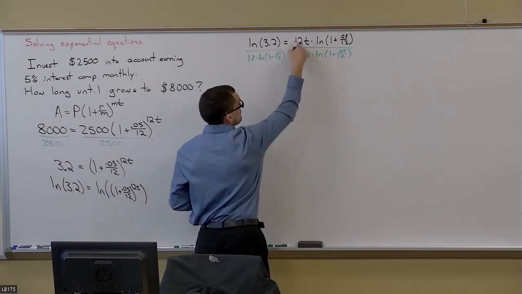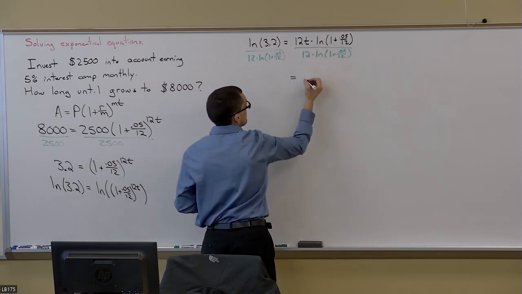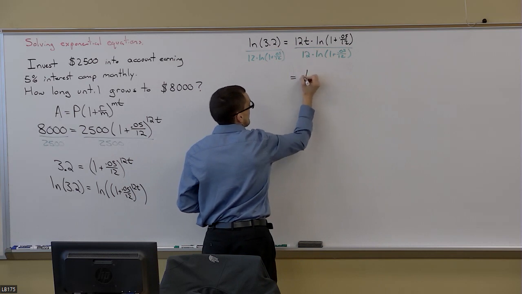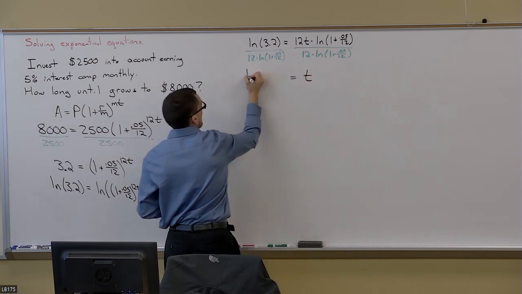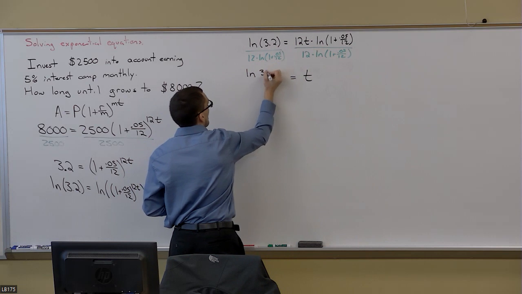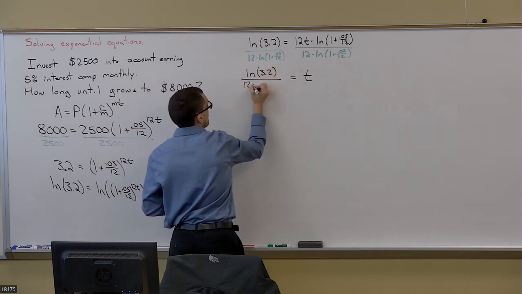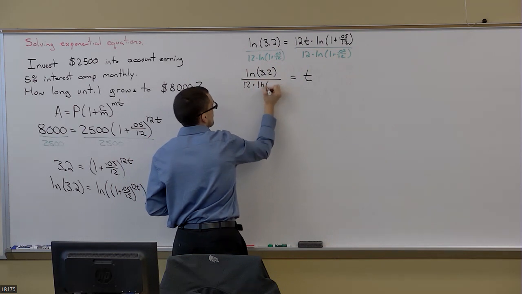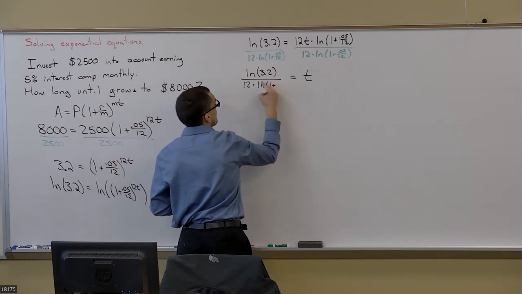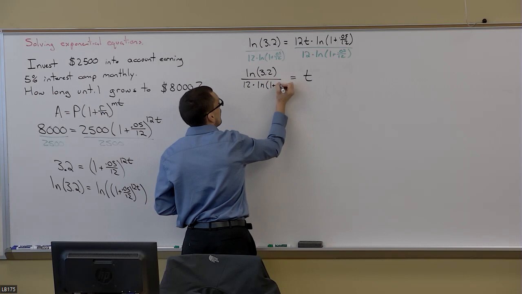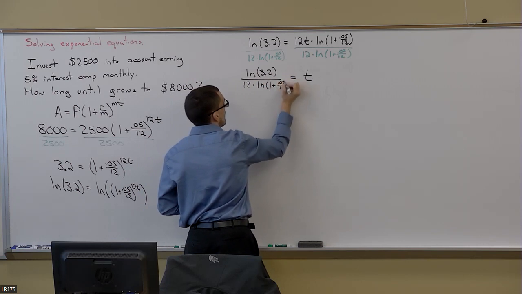The 12s will cancel out, these natural logs will cancel out, and we'll just be left with a t on the right-hand side. And on the left-hand side, we go natural log of 3.2 divided by 12 times natural log of 1 plus 0.05 over 12.